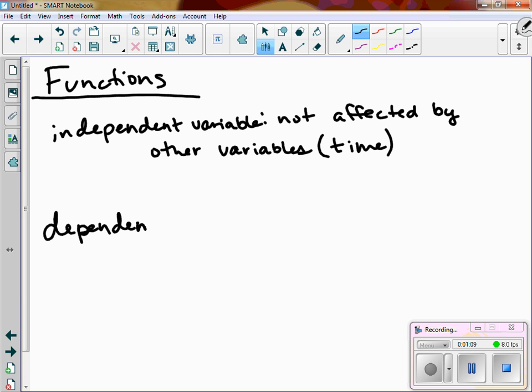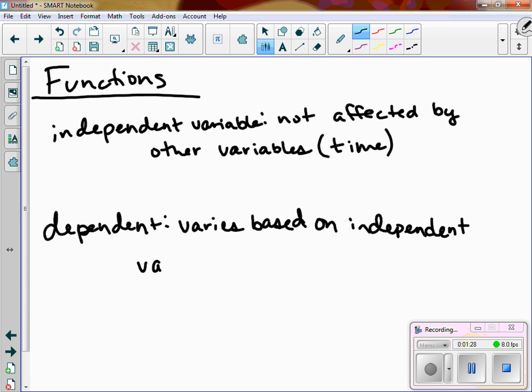Dependent. So this could change depending on your independent variable. This is generally your y value, your independent variables are your x values.